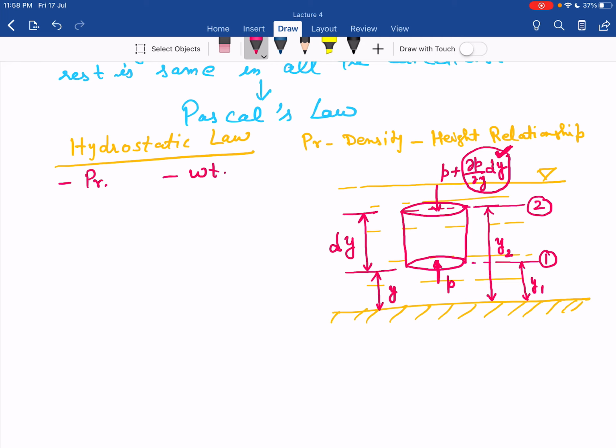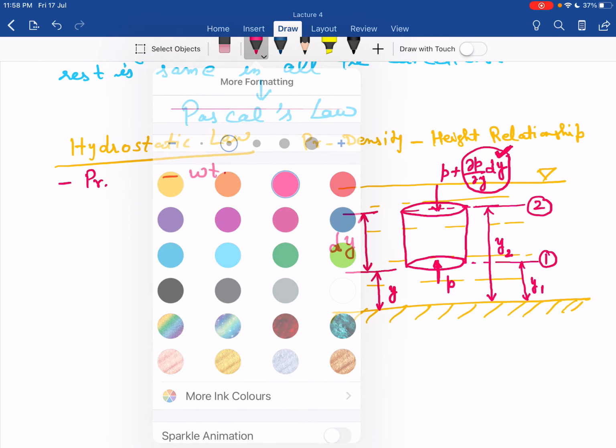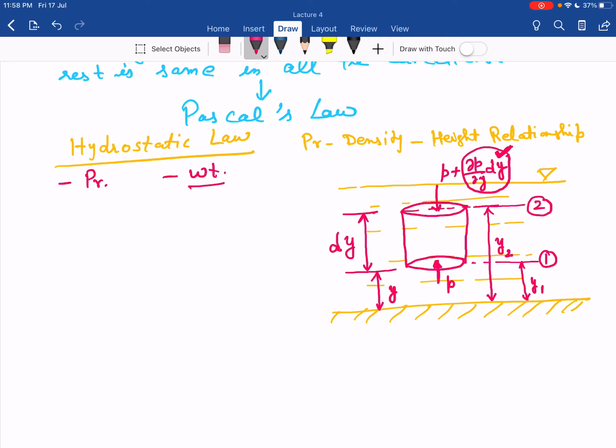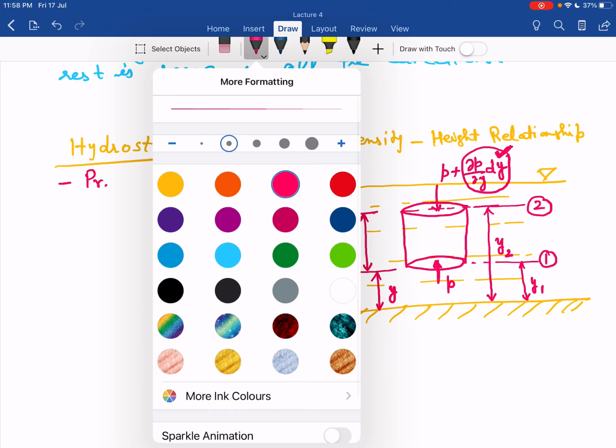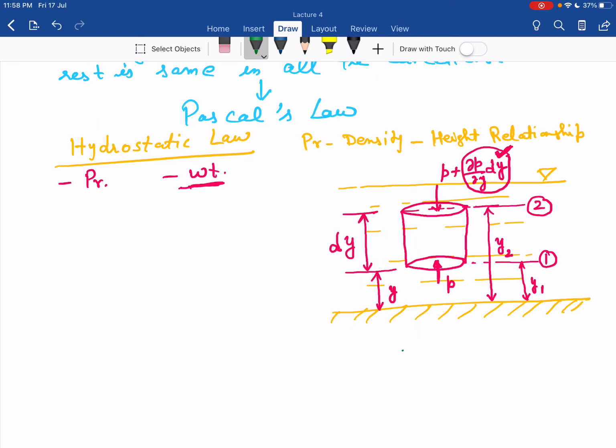Now the third force which acts on this element is the weight. That weight acts in the downward direction. So now we balance the forces. The force acting in the upward direction is P into the area of the base.